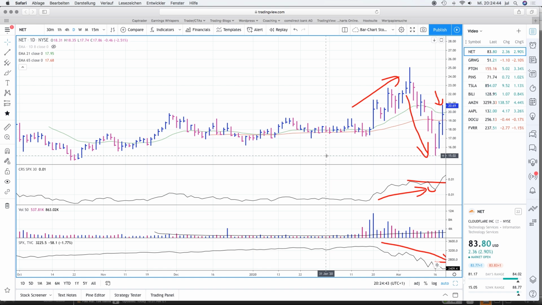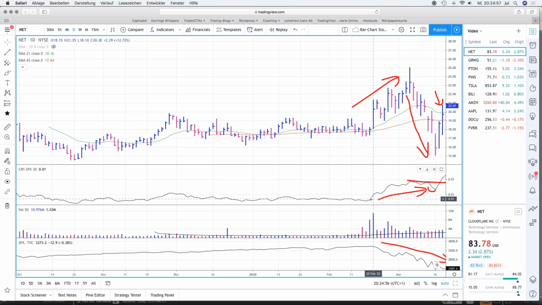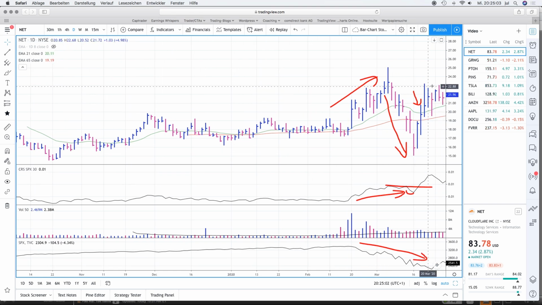That makes it so easy for us as growth traders, or traders trading leading stocks, to find the strong stocks, because the RS line is strongly up during a market correction. And then you can see that Cloudflare was going up here. The RS line was also going up.